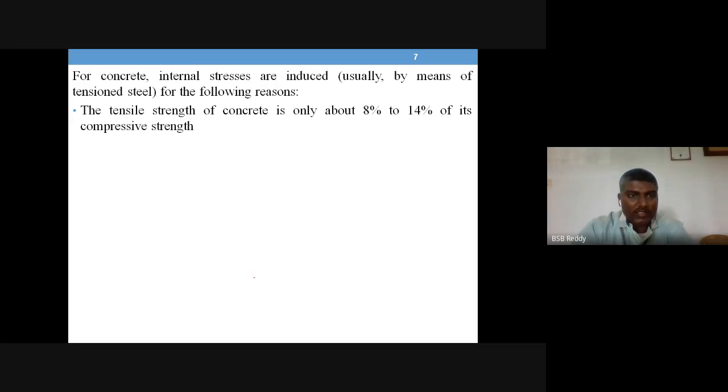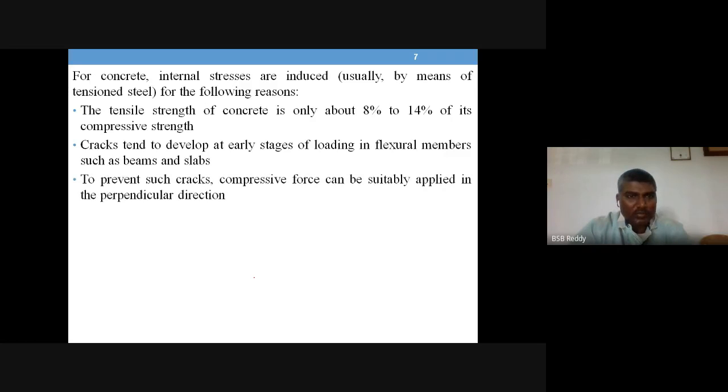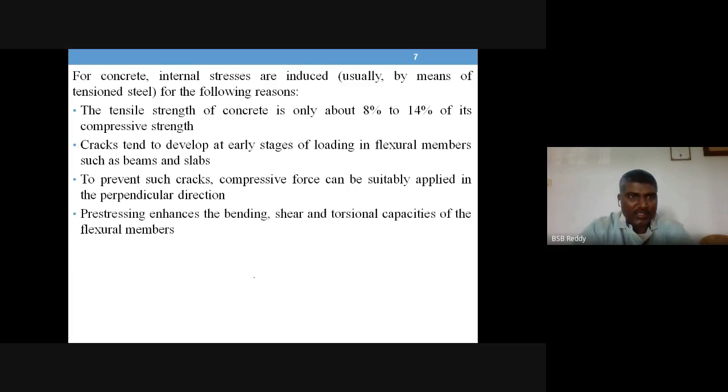That is one good reason. And cracks tend to develop at early stages of loading in flexural members such as beams and slabs, which is another reason. To prevent such cracks, compressive force can be suitably applied in the perpendicular direction. This is another reason for pre-stressed steel.